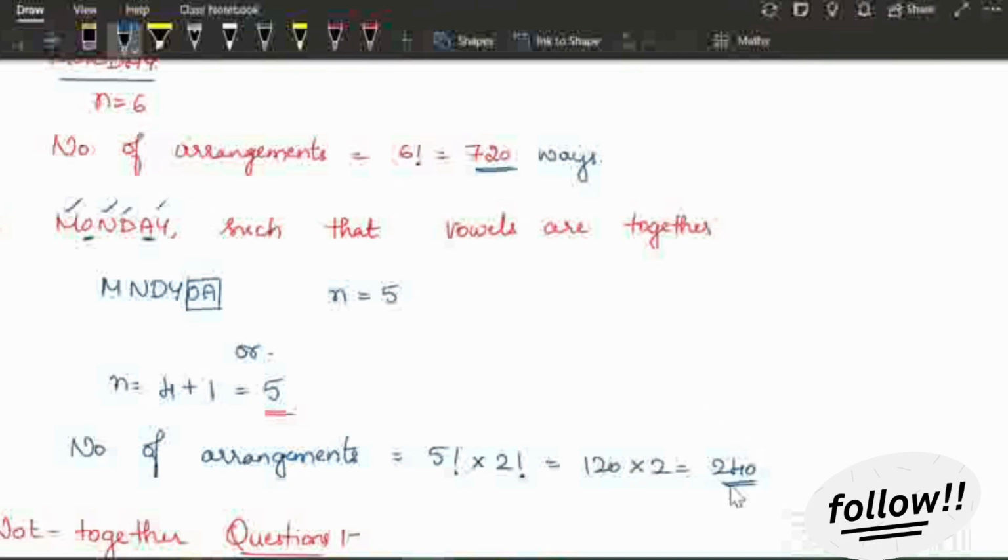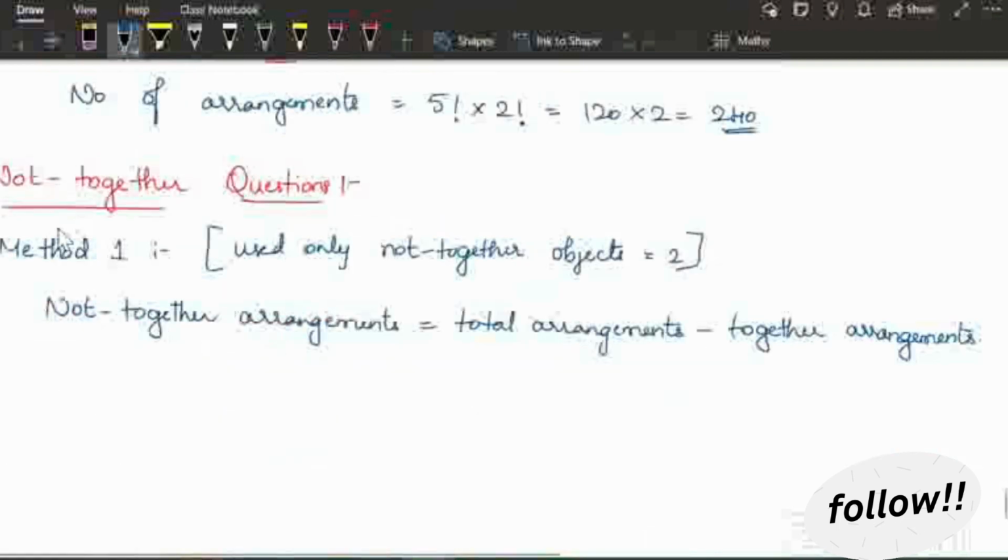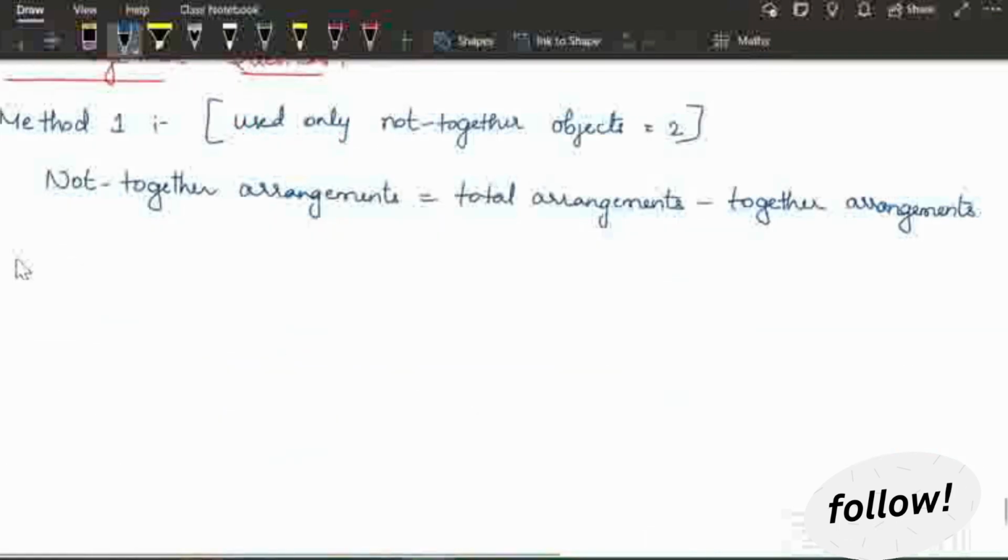So now vowels are together in 240 arrangements, right? Out of this 720 arrangements, in 240 arrangements, the vowels are together. It means in the remaining arrangements, vowels are not together. Simple.